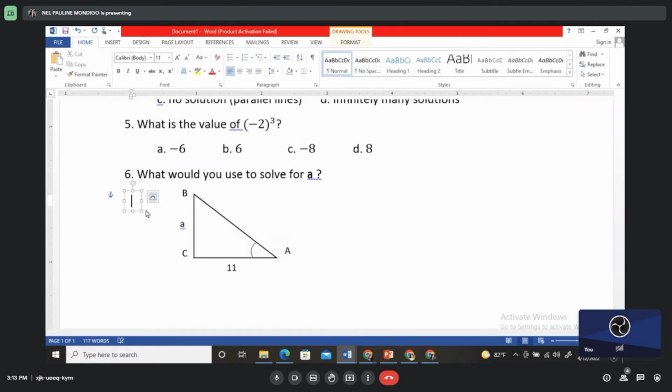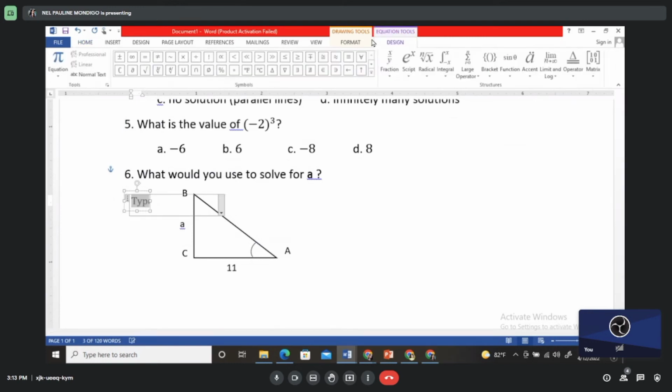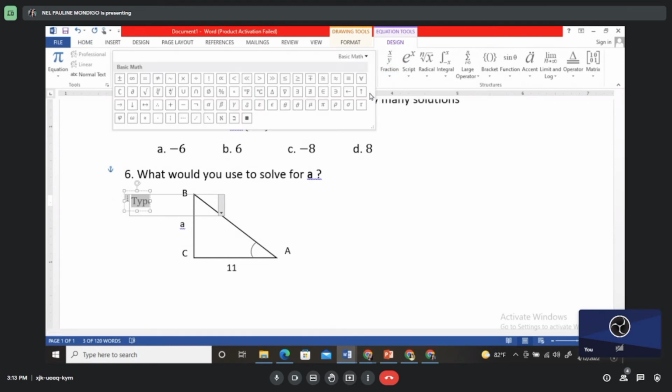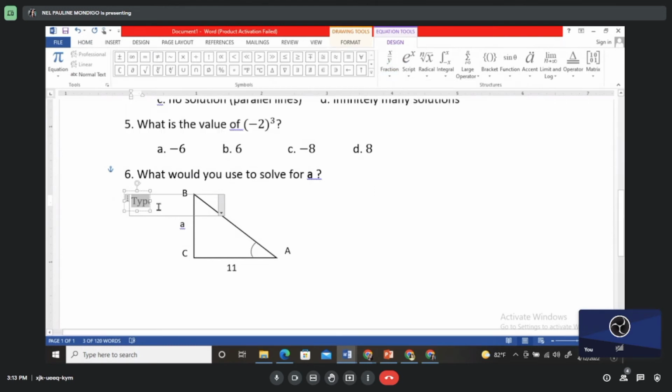Let's add 42. By the way, we're inserting degrees here, so let's go to Alt plus, and 42 degrees here.